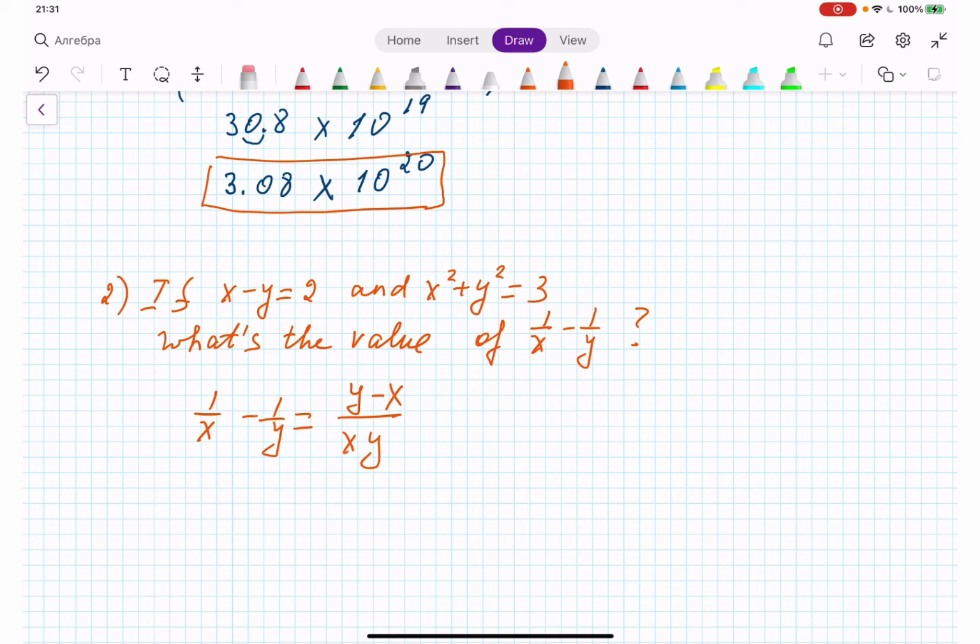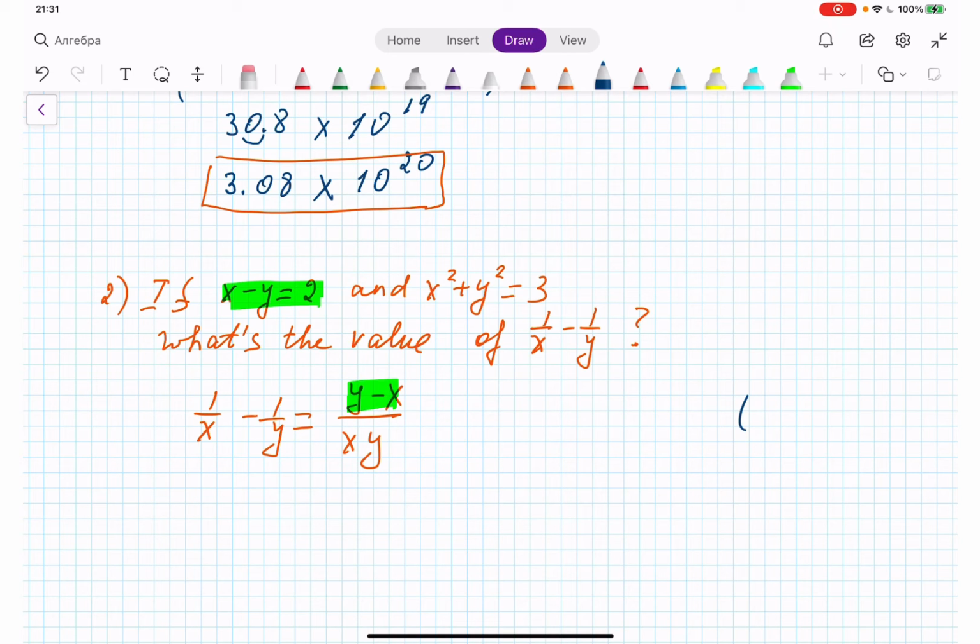So from here we clearly can see which elements we need to calculate, right? Here we have x minus y equal to 2, and here we have y minus x.